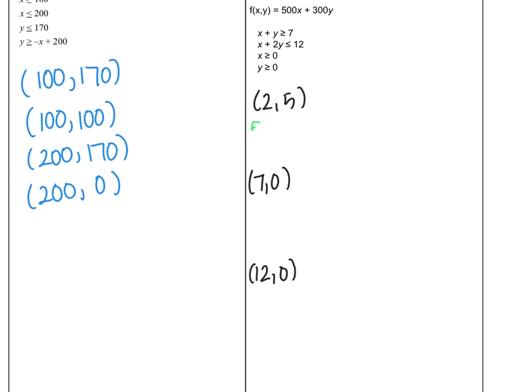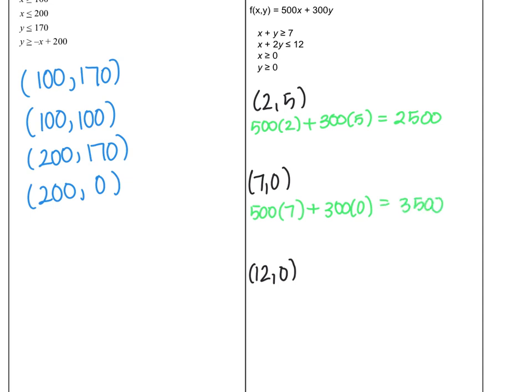So we're going to do 500 times 2 plus 300 times 5, and we're going to get 2,500. Next, we're going to do 500 times 7 plus 300 times 0, and we're going to get 3,500.